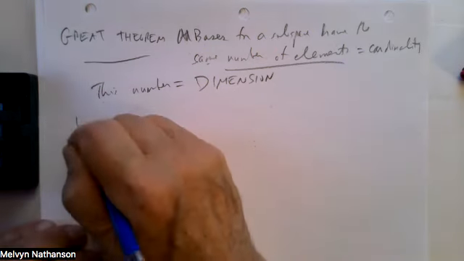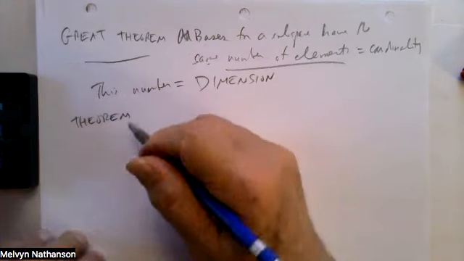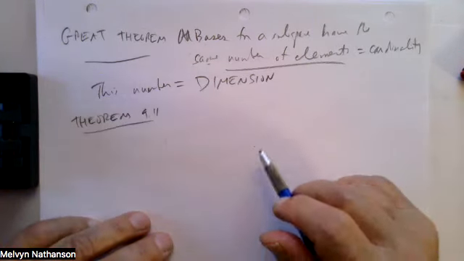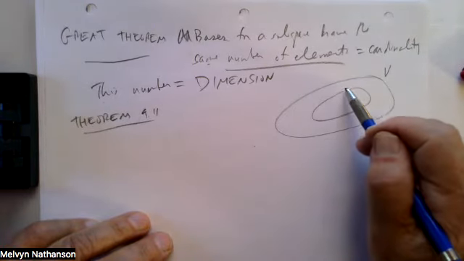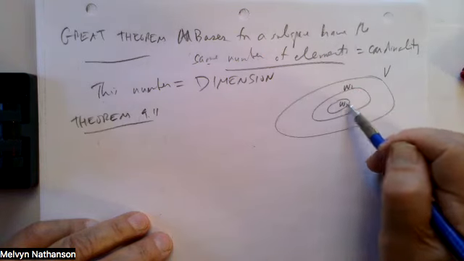And another theorem that we use in the exercises says the following. This is theorem 4.11. So you have a vector space V, a subspace W containing a smaller subspace W1.